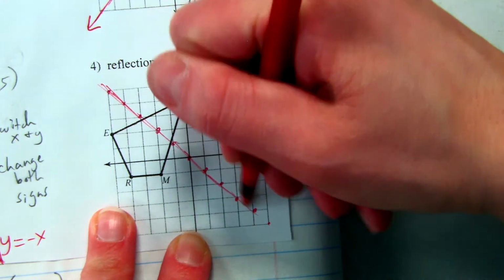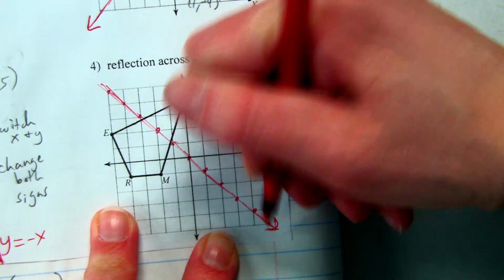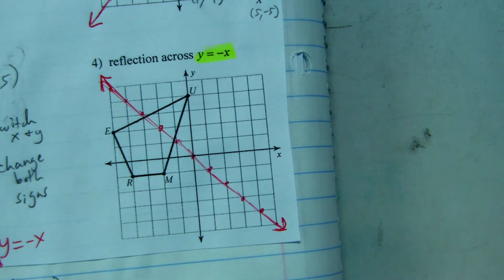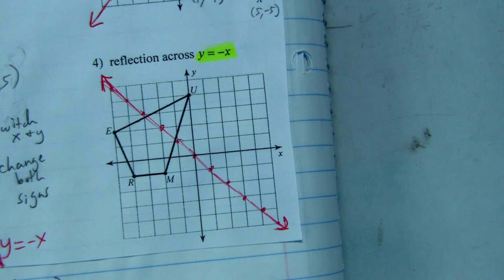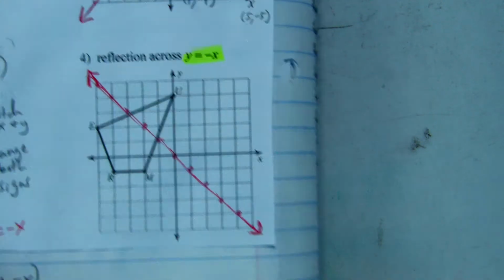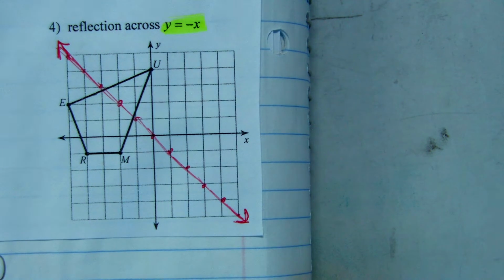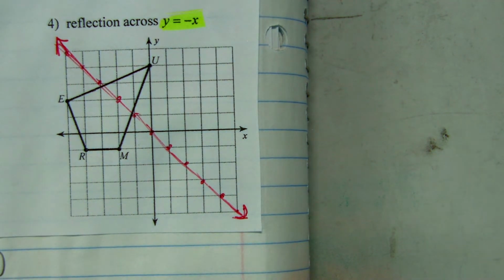So it's super important that we learn how to draw these lines, because that's the line that everything is going to get flipped over. And I also think, just based off what I've seen so far, that it's really important that we remember the rule and how we're going to switch things.